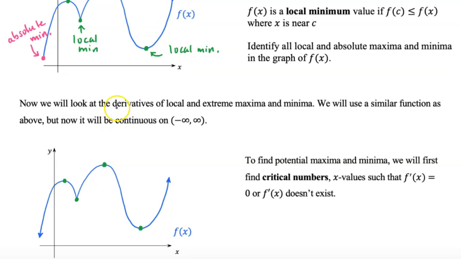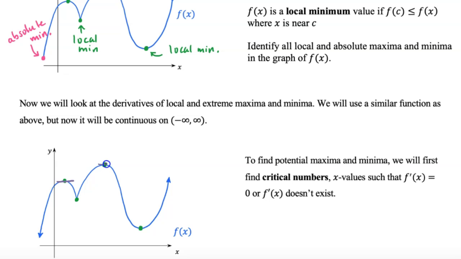Well, I remember that the derivative is the slope of the tangent line. If I were to draw a tangent line right at this point, I'm looking at my slope: positive, positive, positive. My slope would be 0 right up here before being negative again. So my tangent line at that point would be horizontal. What about up here?